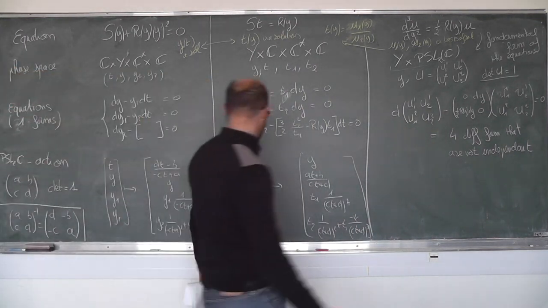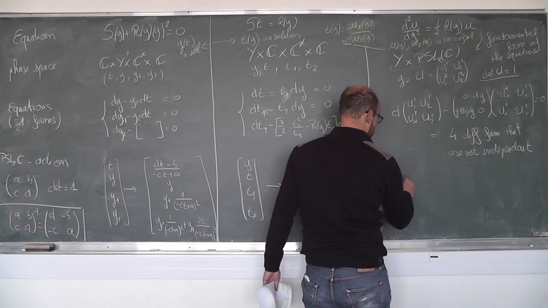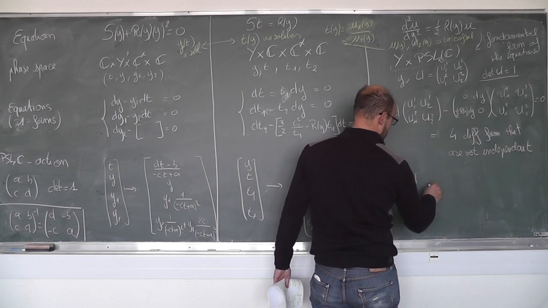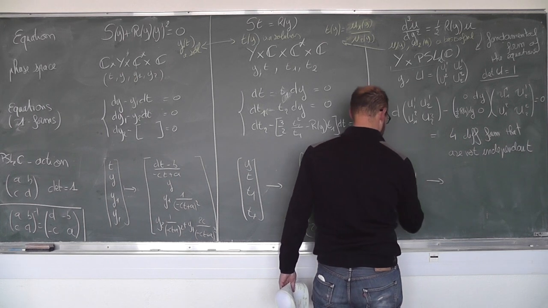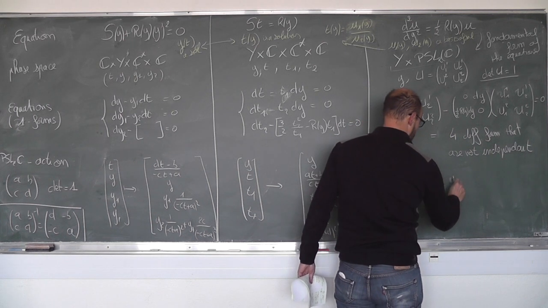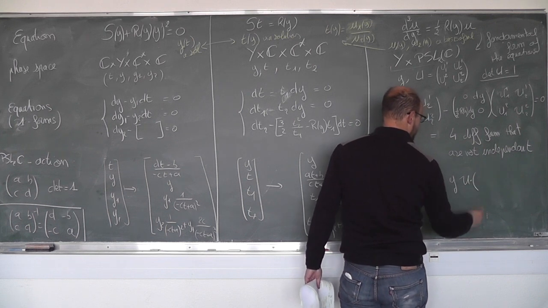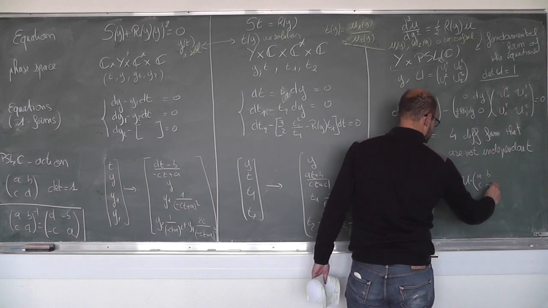And at this level, the action of the group is Y, U, let's say, is sent to Y, U times the matrix product A, B, C, D.